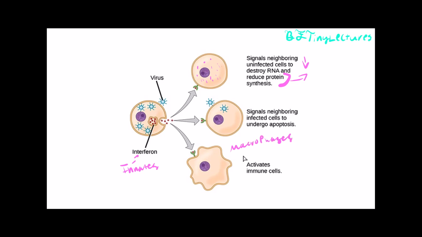It can even activate T cells, maybe even B cells. But you should just know that interferons are part of the innate immune response. They decrease protein synthesis. They allow the infected cells to undergo self-destruction, also known as apoptosis, and they recruit macrophages, T cells, and B cells.